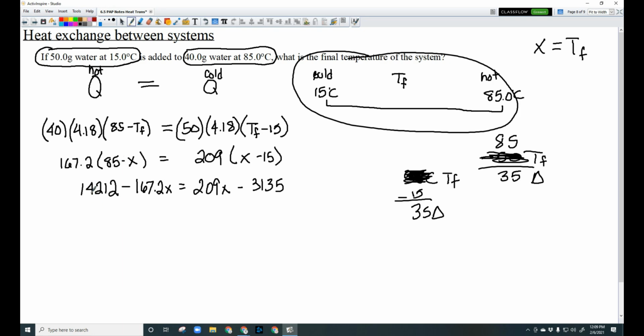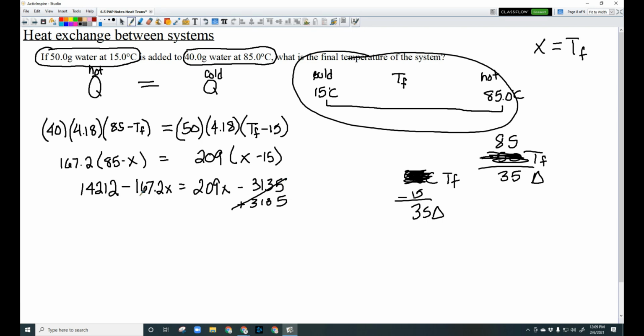So this is a bigger number here. I don't want to subtract a big number from a negative number already, because that's going to give me a big negative number. So I'm going to do this strategically. I'm going to take this and, because it's negative, I'm going to add 3135 to both sides. So it gets rid of it here.